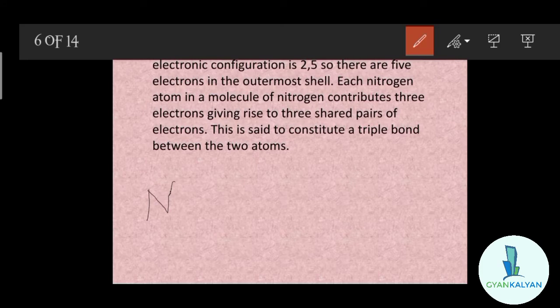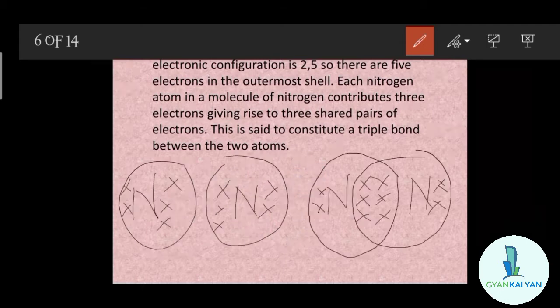So this is a nitrogen atom and there are 5 electrons present in the outermost shell. Sorry for the diagram. And again we have another nitrogen atom with 5 electrons in its outermost shell. So what will happen?